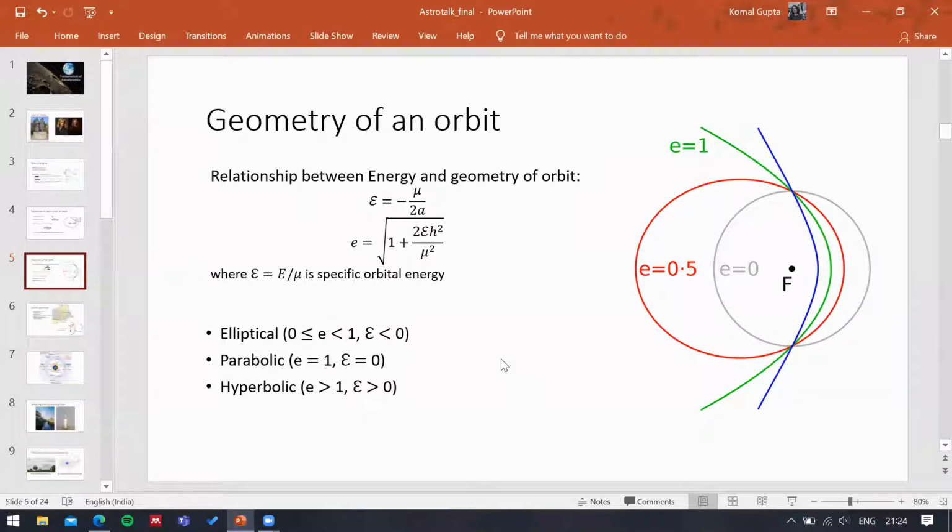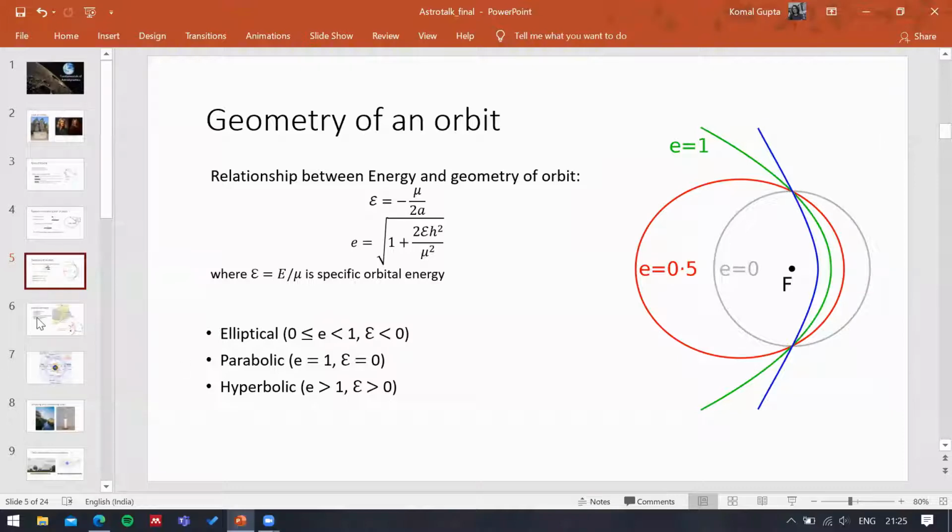So for example, there was an interstellar object that came to our solar system a couple of years ago, I think 2017, and its orbit was hyperbolic. And most interplanetary probes sent from the Earth are sent on hyperbolic trajectories. So that's all about relations between energy and eccentricity.